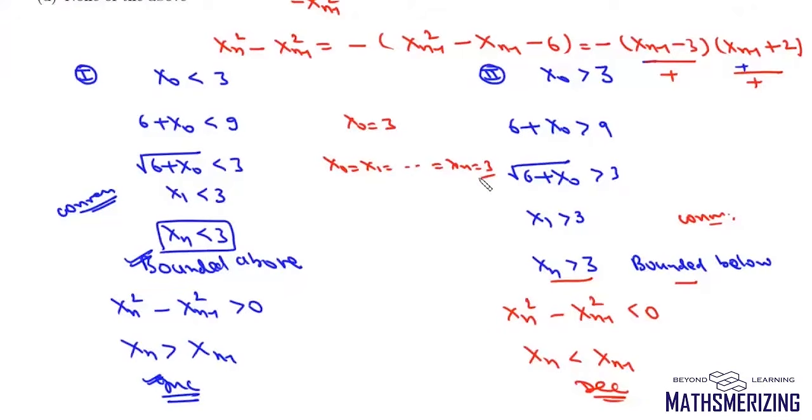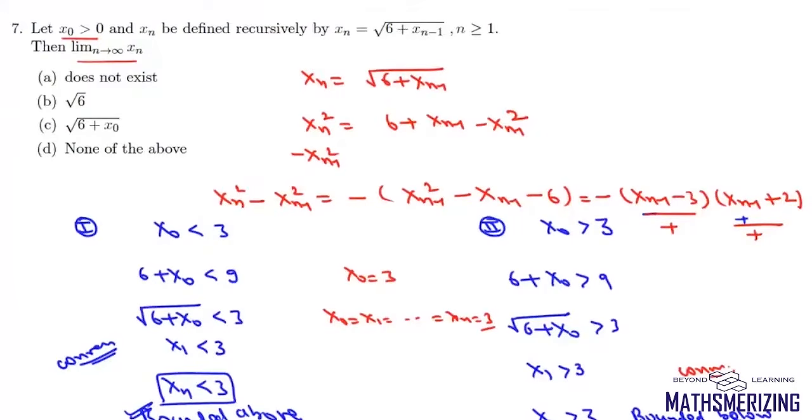Now we need to find this limit, n tends to infinity, xn. For that, we'll take the limit n tends to infinity on both sides. Now suppose this limit is L. So we can write L equals the square root of 6 + L, that is L² - L - 6 equals 0.